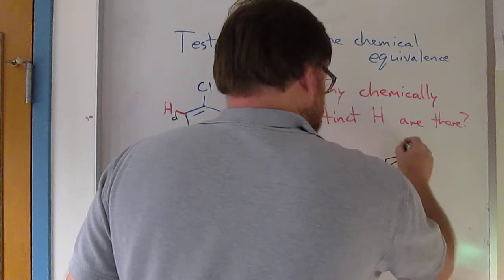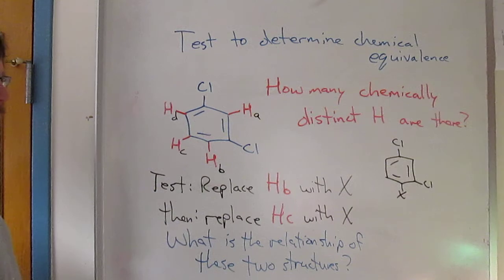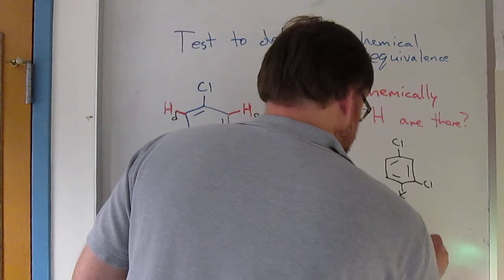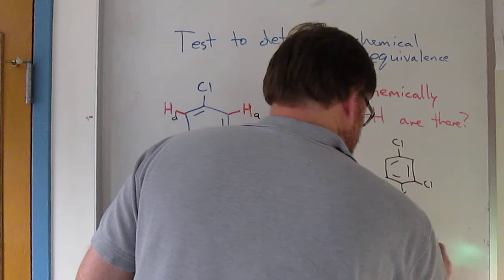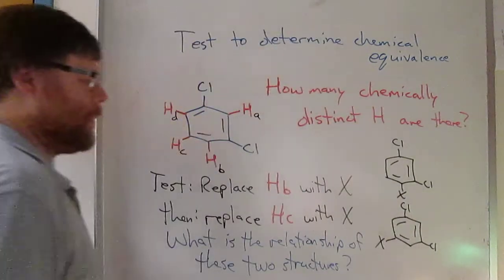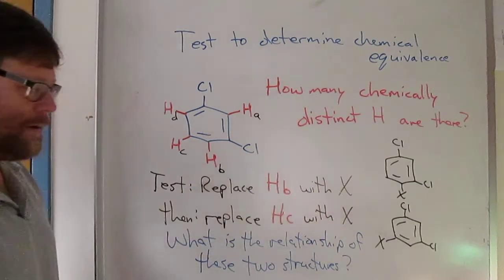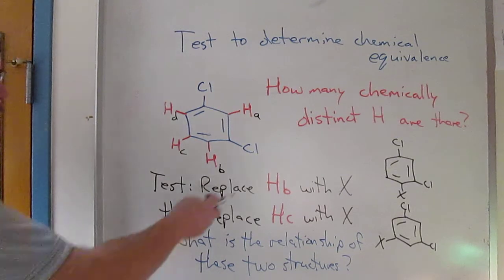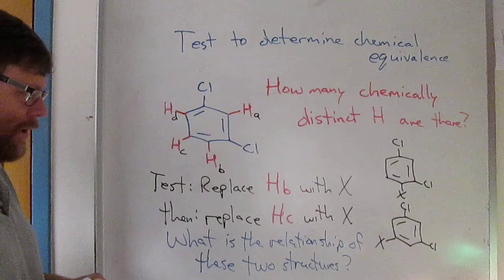Replace with the X. Okay, that's what you get if you replace HB with X. Now let's replace HC. Okay, again, these two structures are constitutional isomers. Constitutional isomers have different properties, therefore HB and HC will be non-equivalent. They'll give you different signals in the proton NMR.